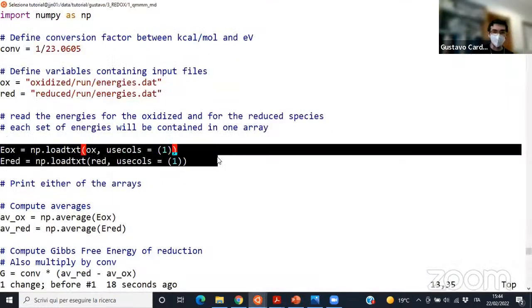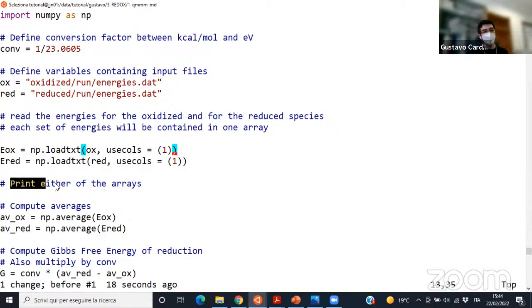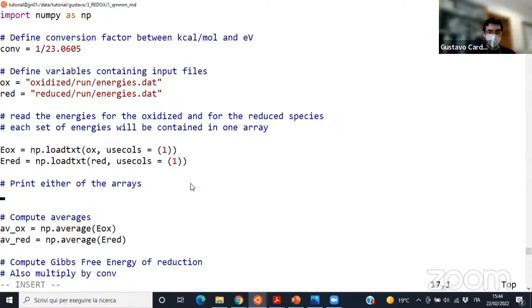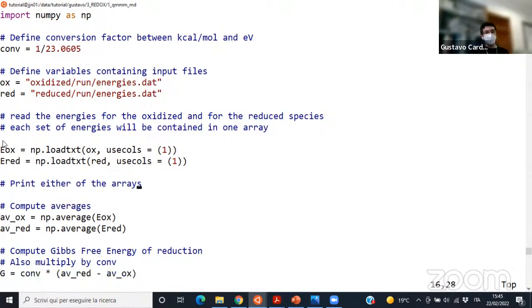So these are these two commands here. I wanted to print out the arrays here, I didn't, but of course we could print it here. Now this is a script, so this is actually not executing. When it finishes, we will execute it. We will get a value, and eventually we can also do that interactively, so it's easier to follow. So we have these two lists, one for the oxidized, one for the reduced.